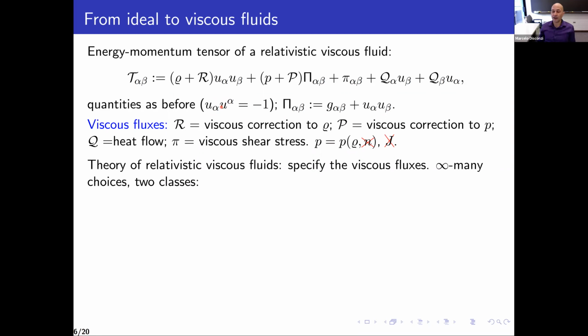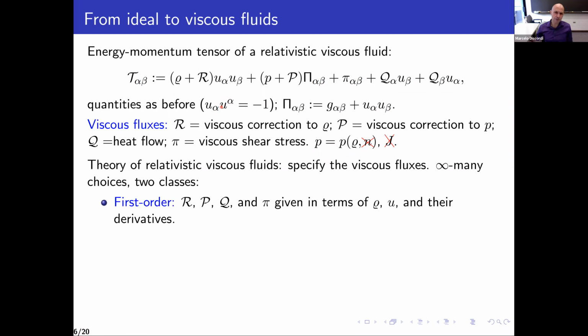Not surprisingly, you have to make some modeling choices. There are many different choices you can make. But roughly speaking, there are two classes of models that people consider in the literature. There are certain choices that lead to what people call first-order theories. In first-order theories, these viscous fluxes are given in terms of the density, the velocity, and their derivatives.